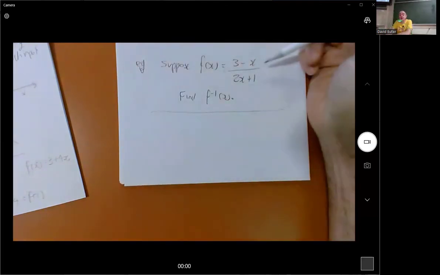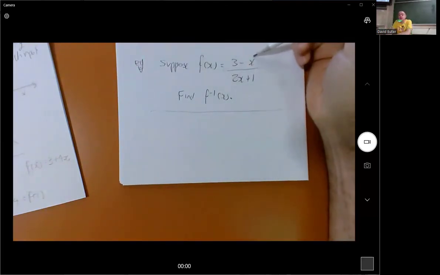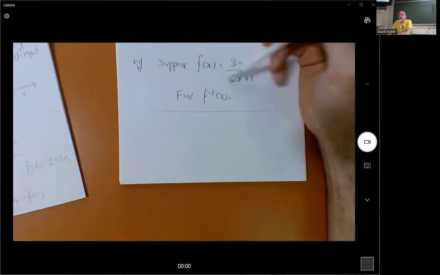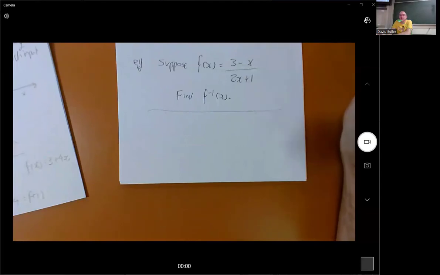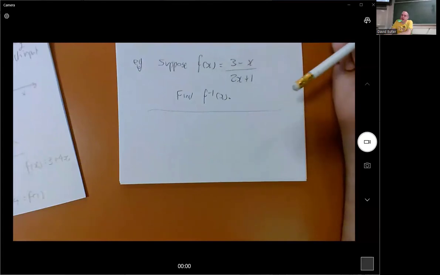So this is a rational function. A rational function has a polynomial on the top and a polynomial on the bottom, possibly just a number on the top. That's okay as well. Rational functions where the top and bottom are both linear are one-to-one functions. So that's okay.